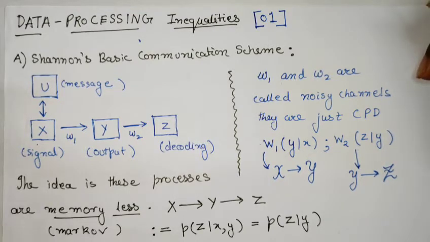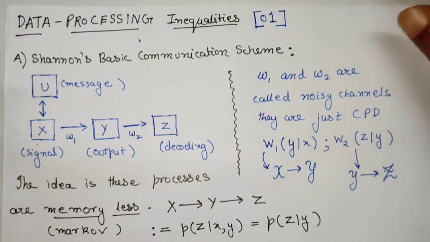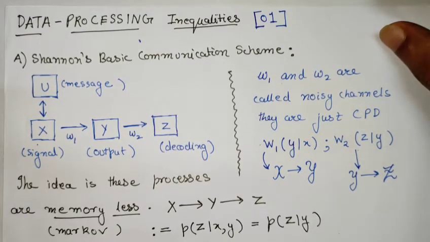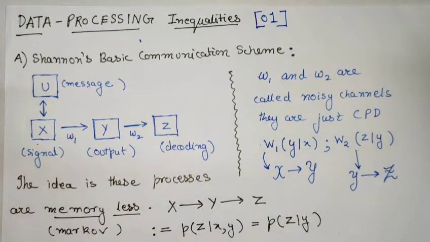So the data processing inequality is a very fundamental inequality concerning information processing and transmission of information. The point is that as you process your information, you cannot increase the amount of information compared to what you already had.